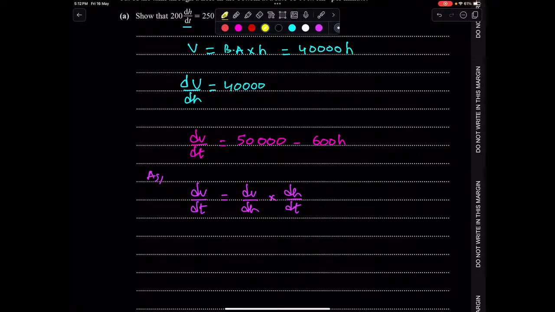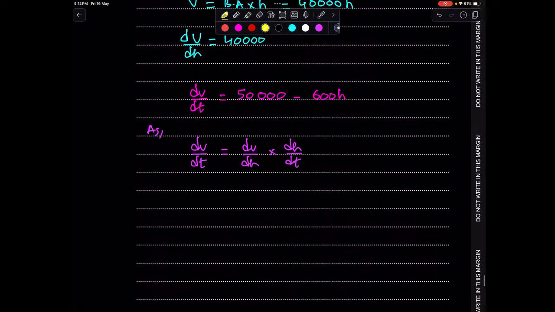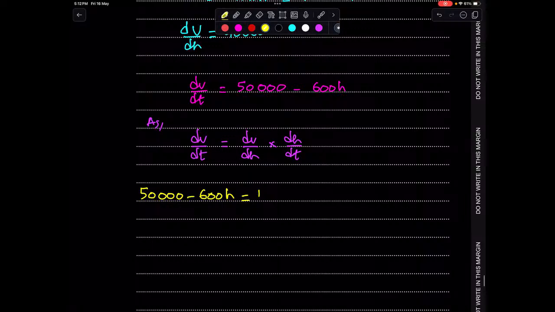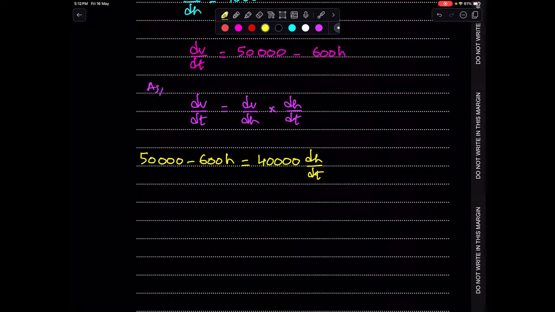Okay, now substitute dV upon dt, which is 50,000 minus 600h. dV upon dh is 40,000. dh upon dt is copied because we have to find dh upon dt. Now cancel two zeros on both sides of each and every term.